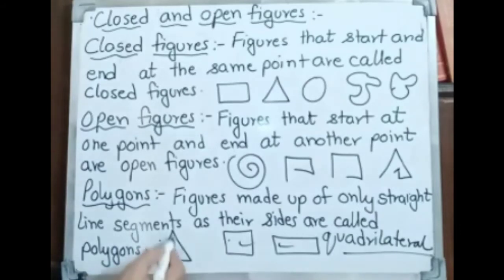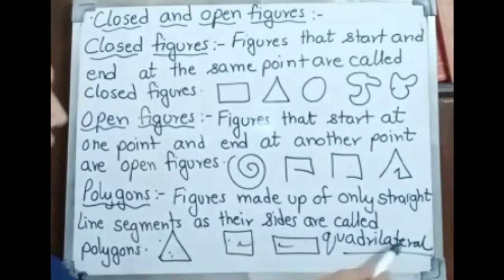Again, triangle, three-sided polygon; square, four-sided polygon; rectangle, four-sided polygon. A polygon having four sides is called a quadrilateral.